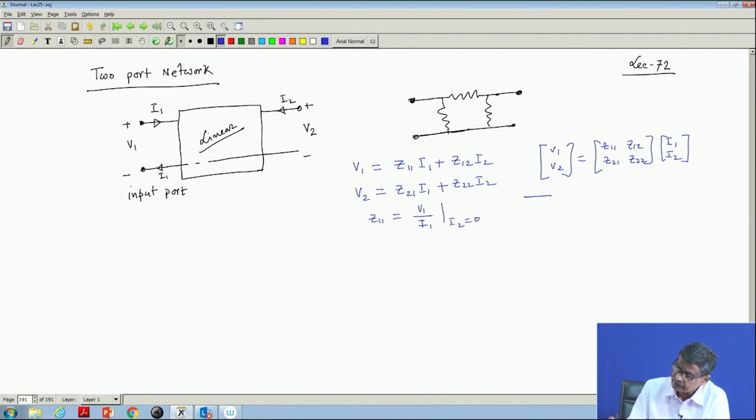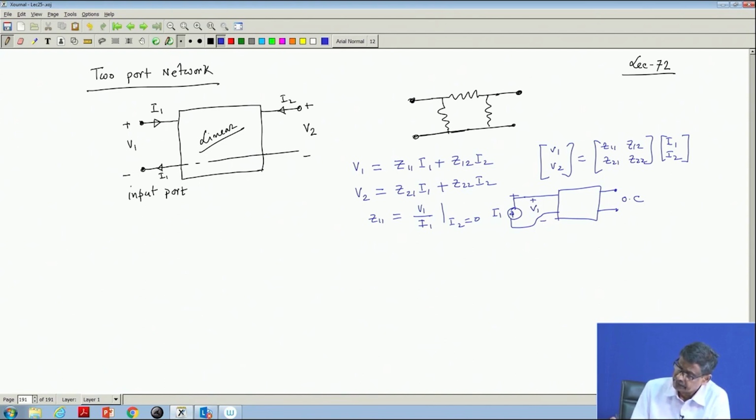This means that to this network, you apply a current source I1 to port 1, and at port 2, I2 is 0, meaning this is open circuit, and measure what voltage now comes here.